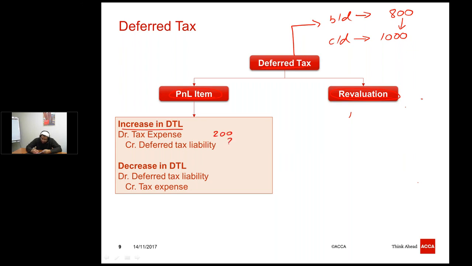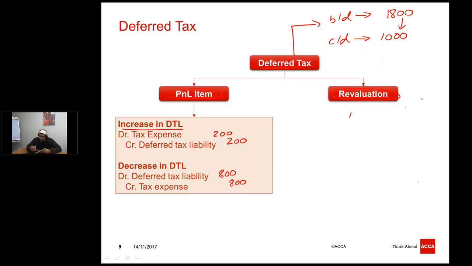So the entry we are going to record is tax expense debit and deferred tax liability credit. Similarly, if the brought down was 1800, this means that the liability is reducing by 800. So the entry would become deferred tax liability debit by 800 and tax expense credit by 800. So what matters is whether the liability is increasing or decreasing.